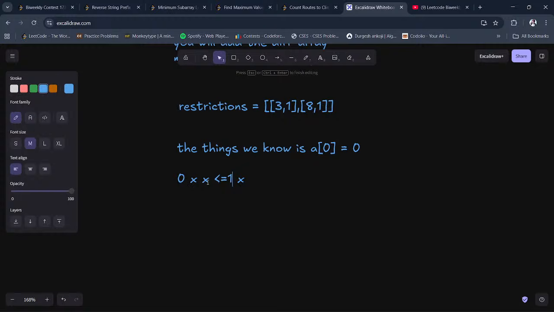So 1, 2, 3, 4, 5, 6, 7, 8. Since the n value is up to 10, this value should be less than or equal to 1. These are the constraints, or you can say the boundary, a limit for a particular index.